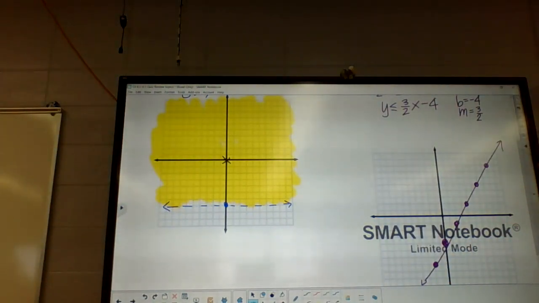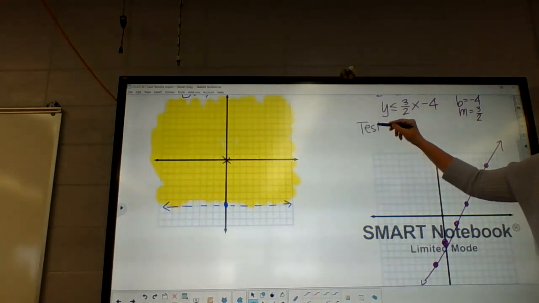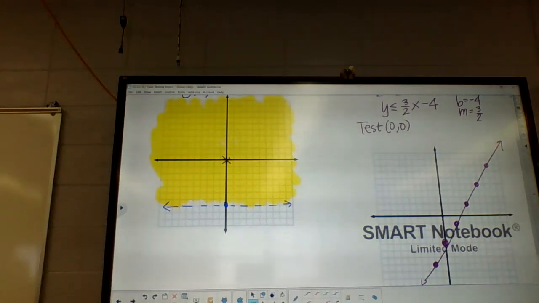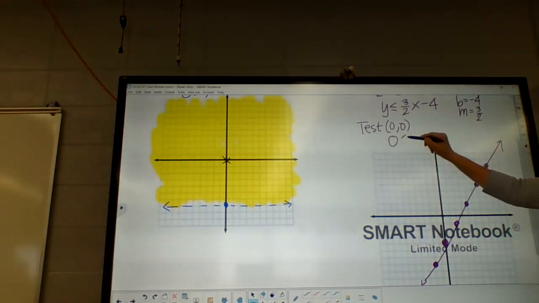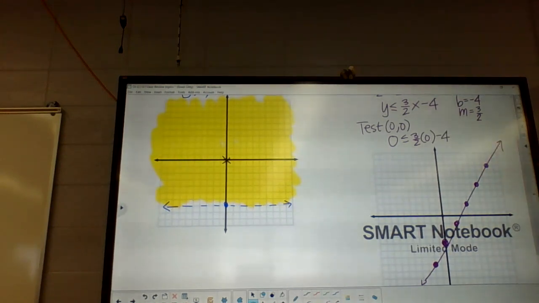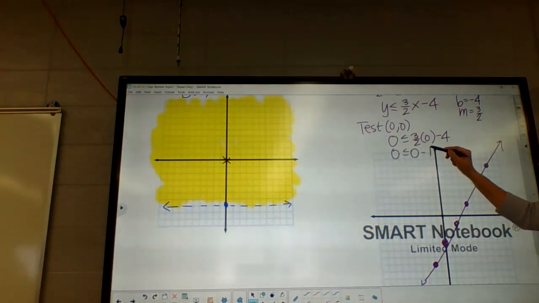And again, I'm going to test 0, 0 because it's not on my line. The only time I can't test 0, 0 is when it's right on my line. So if I test 0, 0, I can test in this equation or the old one. It doesn't really matter. This one's in front of me, so I'm going to do this one. So when I go to test this, 3 halves times 0 is 0, sorry.